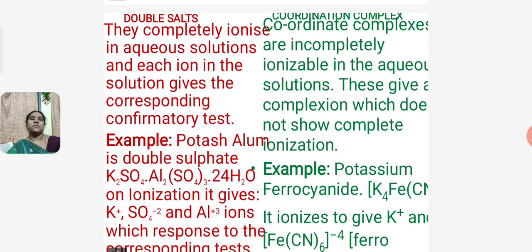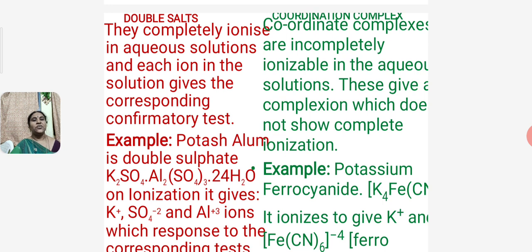Now let us sum up the differences between double salts and coordination complexes. In double salts, they completely ionize in aqueous solutions, and each ion in the solution gives corresponding confirmatory test.